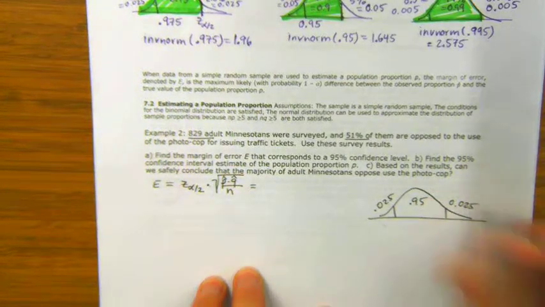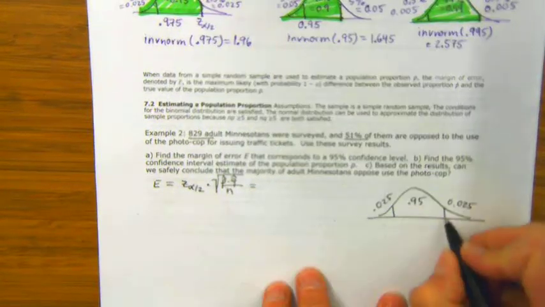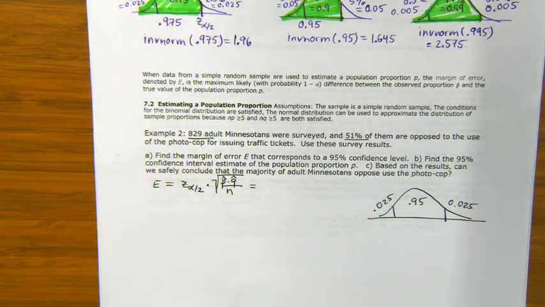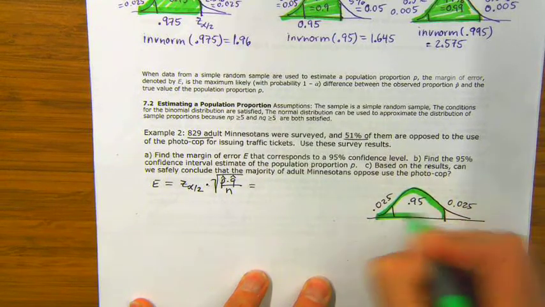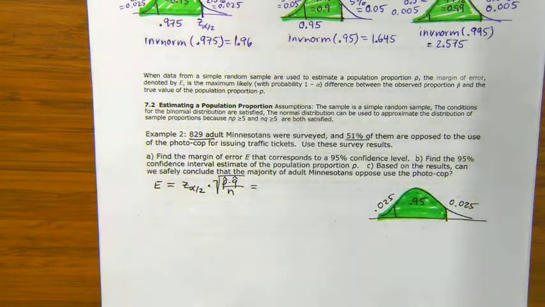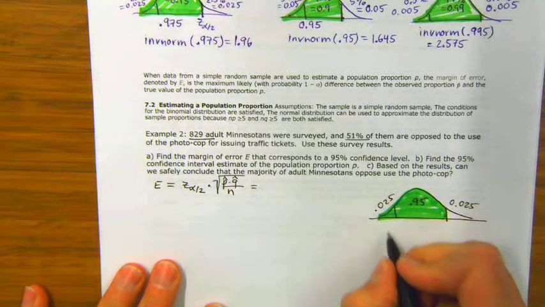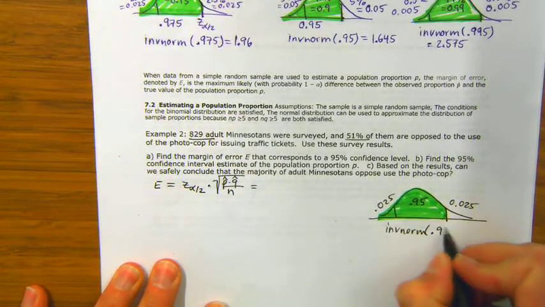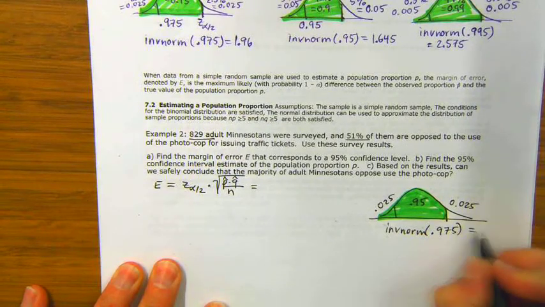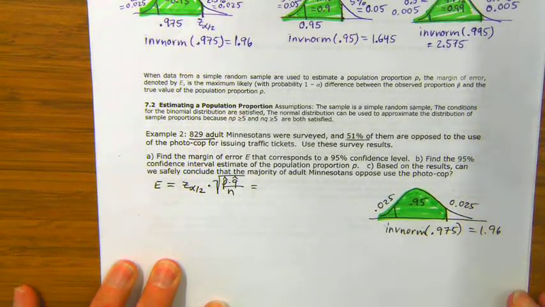And then when we find these critical values, we're looking in Chapter 7 only for the positive one. So we have to add our middle area and our left area together, and then use the inverse norm of 0.975. And that is equal to 1.96 as we found last time.